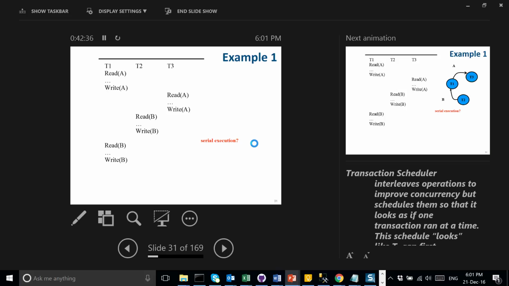It doesn't matter. It's up to it. Khalas. You see here, this schedule is a serializable schedule as long as T2 goes first, followed by T1, followed by T3. Otherwise, this will not be a serializable schedule.